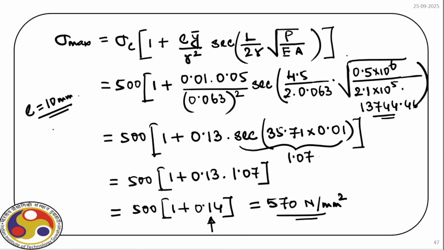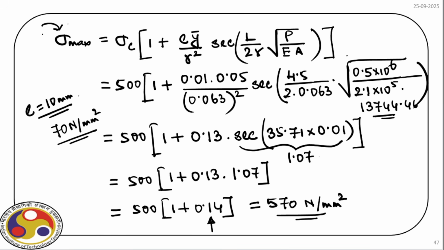Because of eccentricity of 10 millimeter. Now we can easily imagine if we increase this eccentricity to 20 millimeter, obviously there will be a significant increase, almost 30% increase of stress, right? So that shows how to use the secant formula for a column which is having eccentric loading, right?